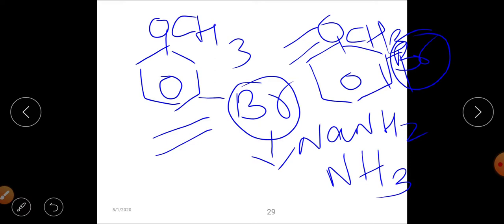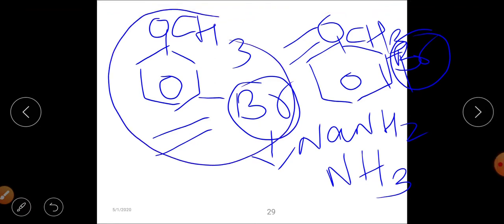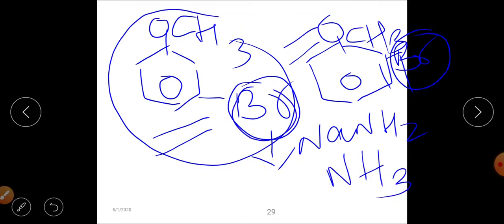But on the other side, if we compare this particular substrate, we can see that this is the bromine and this is the ortho position and this is also the ortho position, so hydrogen can be eliminated from both the positions. So in this case we have two possibilities of benzyne formation.